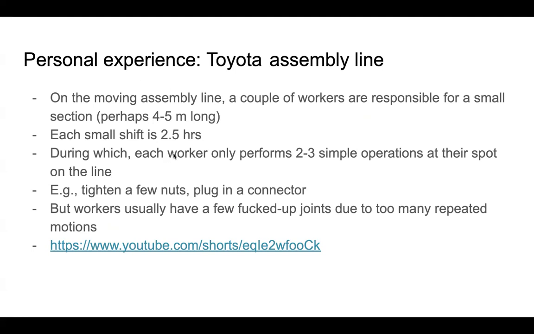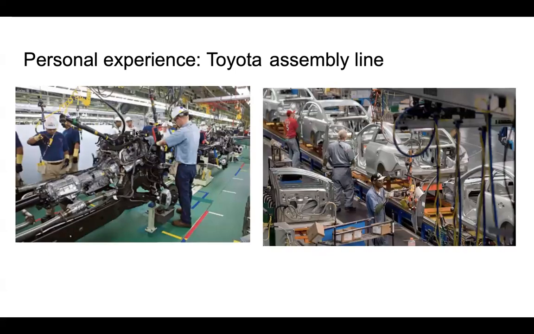In every one of these 2.5 hour shifts, they would perform about 2 to 3 operations at their spot on the line. Maybe it's easier if we have some pictures.